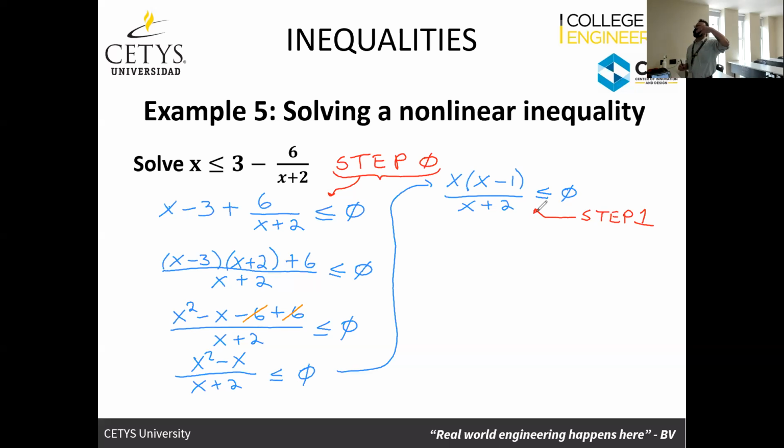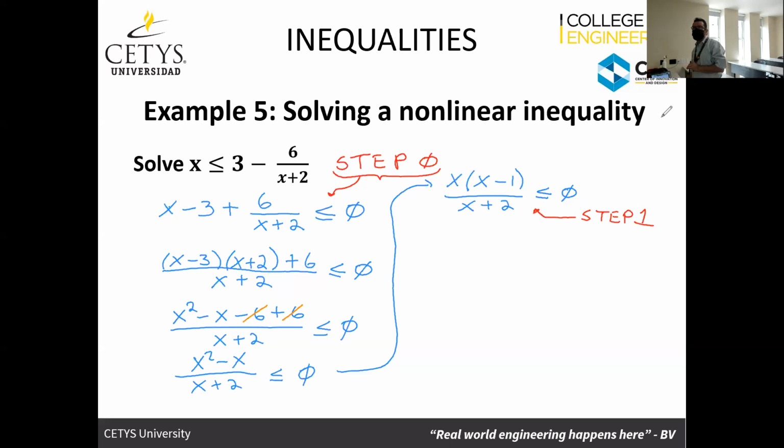And again, remember, after we factor, the roots are going to be the values that make the factor 0, or if we have a quotient, the ones that make the denominator 0, or the factors of the denominator 0.